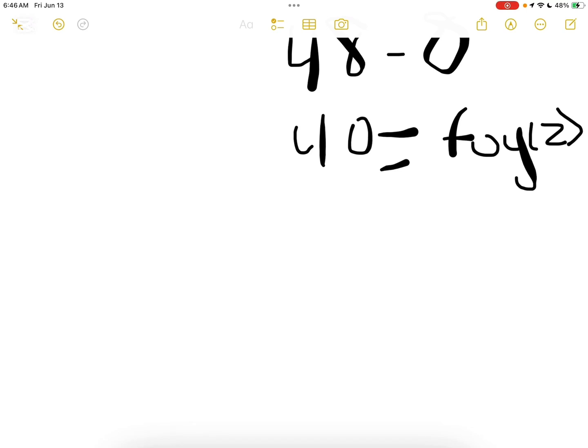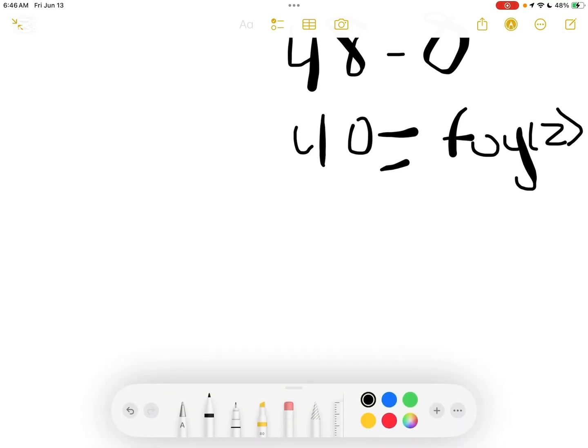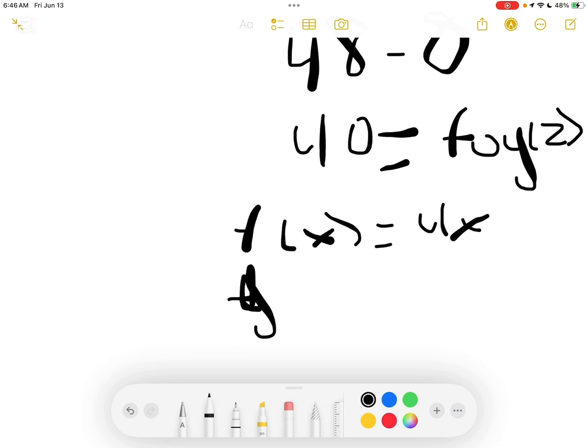So there is another way to do this. There's another method. If you were to be given the variable 2, and this started at the very beginning, let's still say that f of x is equal to 4x, and g of x is equal to 6x minus 2.